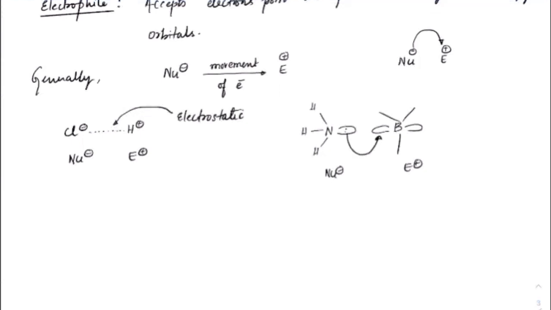Now this type of interaction is an orbital interaction. Mostly what we will see from now onwards is orbital interaction. A bond between a nucleophile and electrophile could be simply an orbital interaction, simply an electrostatic interaction, or both. Most of the time we see a combination of both.